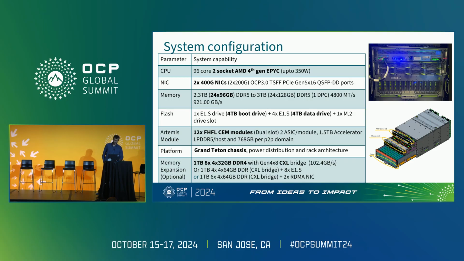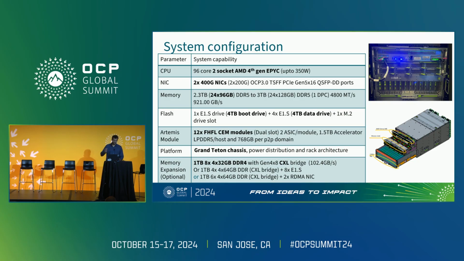Overall, on the system config, we leverage the existing AMD two-socket head node that is designed as part of Grand Teton. The design is used as is. The carrier tray here holds 12 PCIe CEM modules, which are full-length, full-height dual-slot modules. Each module has 2 ASICs.